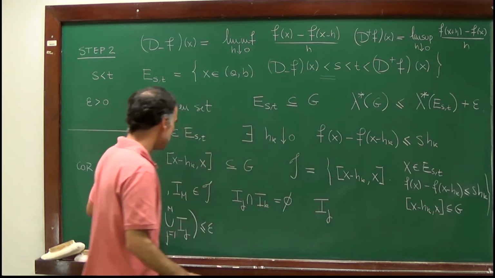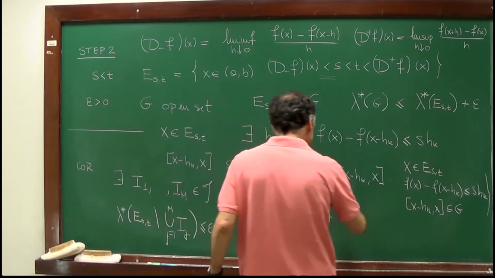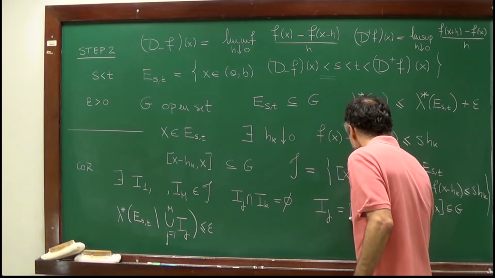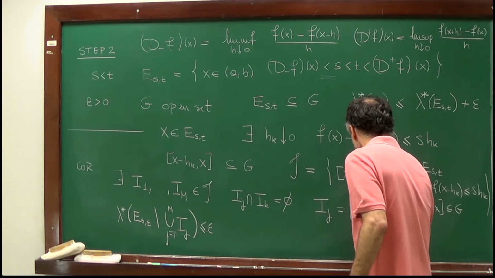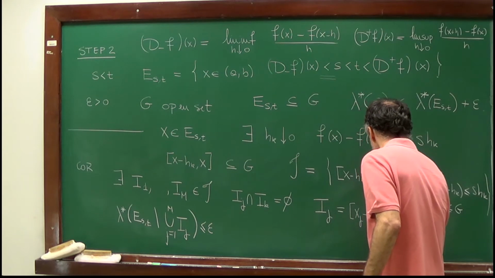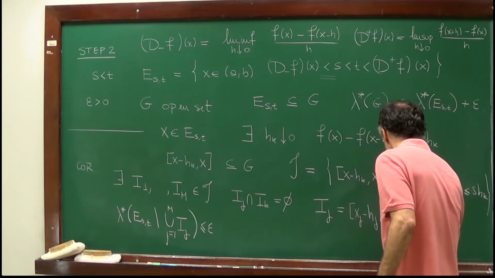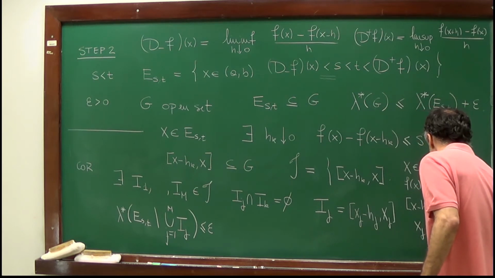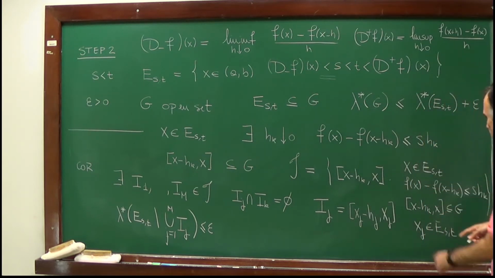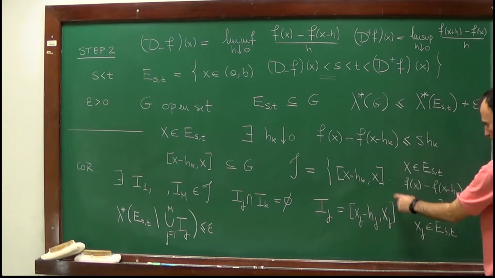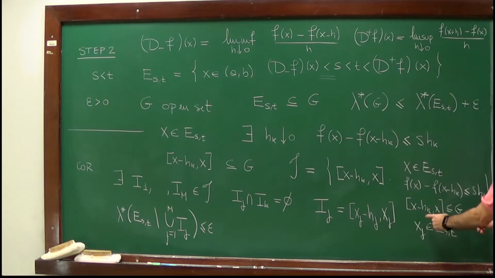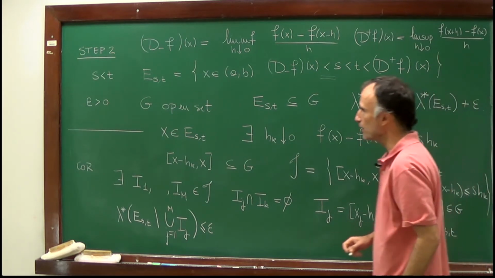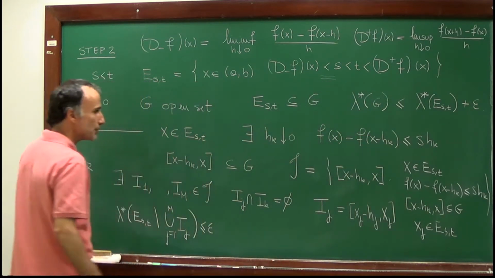Okay, Ij is one of these intervals. Ij can be written as [xj minus hj, xj], where xj is a point in E_s^t, and xj and hj satisfy this inequality and this statement.